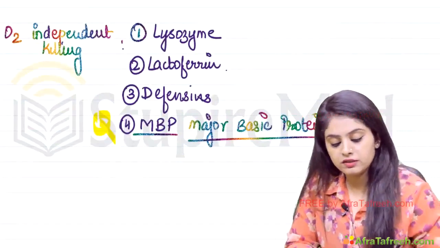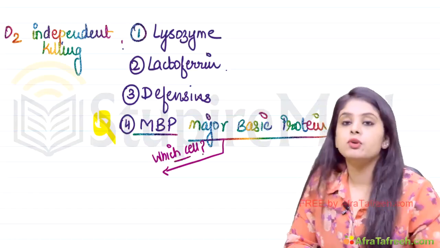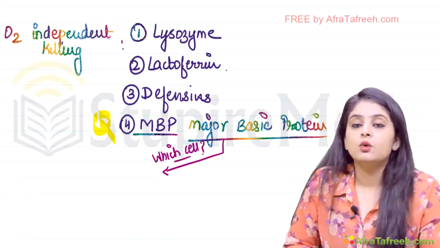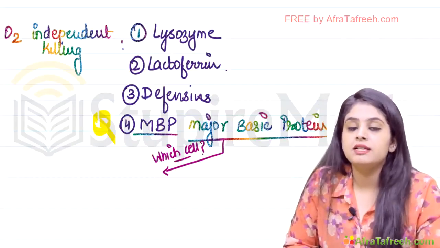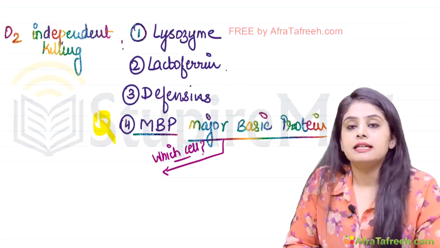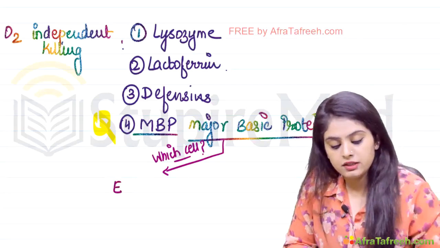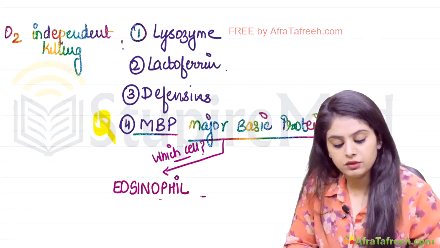What are those two questions? From which cell is major basic protein released? And I'm going to give you an indirect hint. What was the cell that had a spectacle shaped nucleus and had orange pink granules? Yes, that cell was an eosinophil.